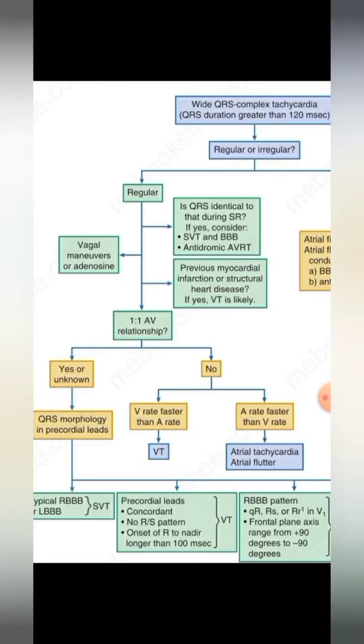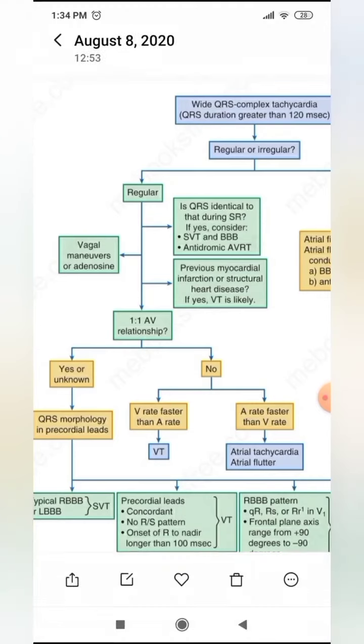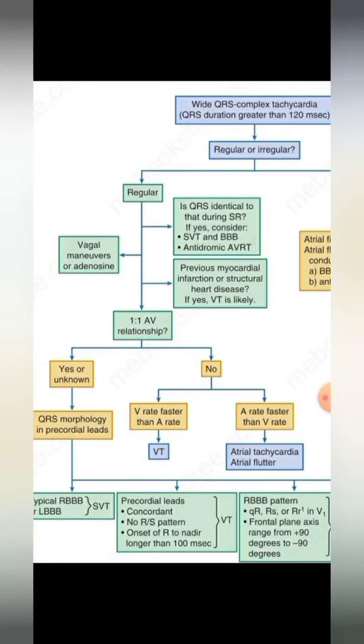We know very well that in ventricular tachycardia there is AV dissociation, and it's one of the very important hallmarks of ventricular tachycardia when differentiating it from a supraventricular tachycardia with aberrancy or any other differential.